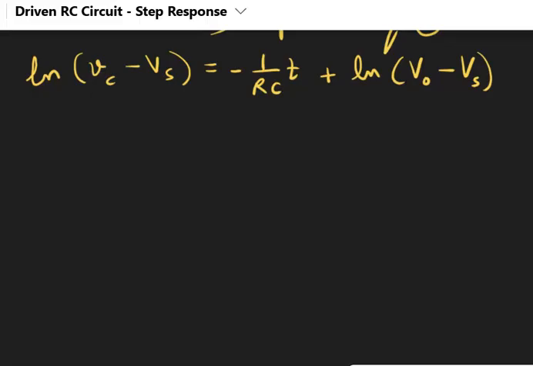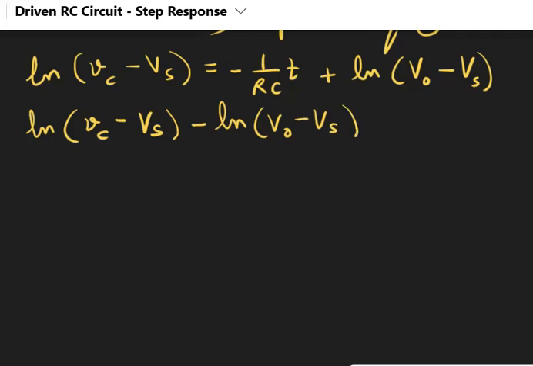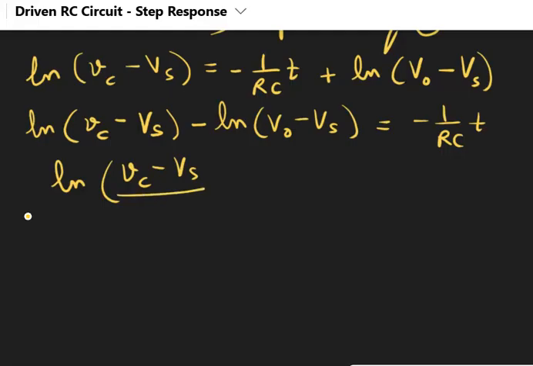Now what we need to do is rearrange the terms. Logarithmic terms we will take on the left hand side. Now the left hand side will become ln of (Vc minus Vs) divided by (V0 minus Vs) equals minus t by RC.